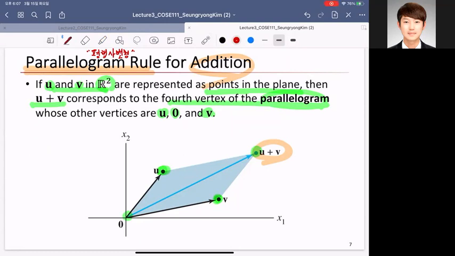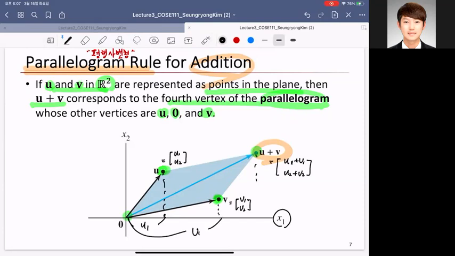Why? We can easily prove this one. Let's suppose that u consists of u1 and u2, and v consists of v1 and v2. Then u plus v is the summation of each element: u1 plus v1, u2 plus v2. When we consider the first element, the x1 element, u1 is here and v1 is here.